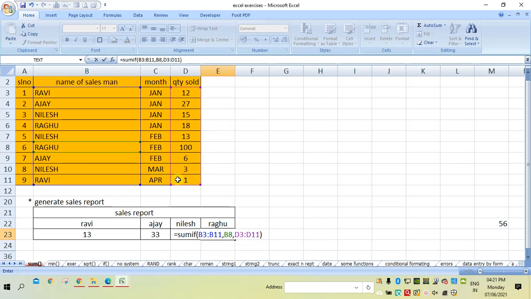So in this way we can use the SUMIF function.